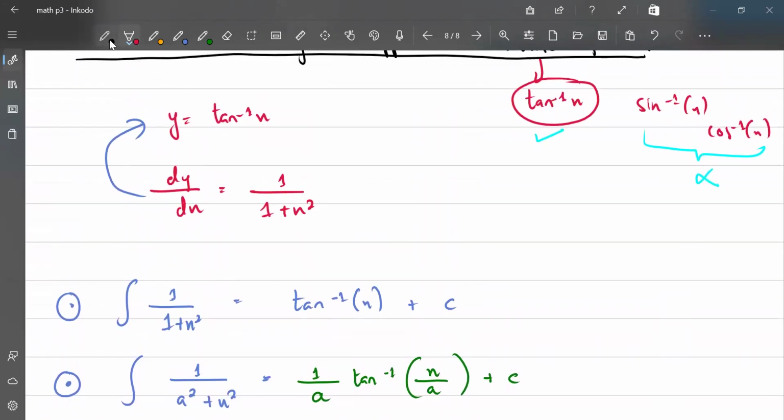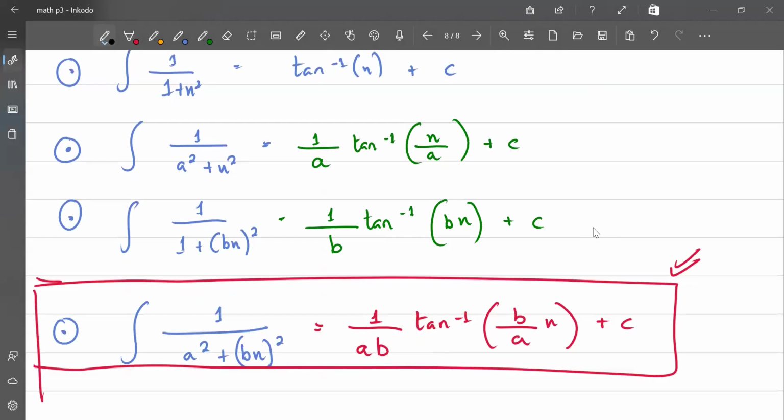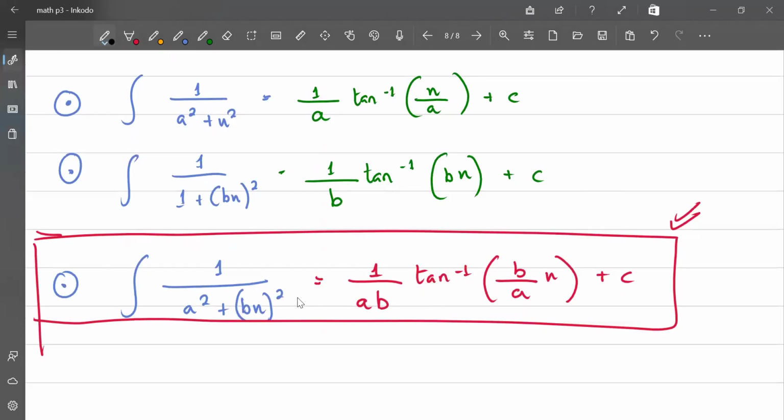We encountered this and we need to integrate this. So 1 upon AB, since A and B are both 1, it would be 1 in this case. 1 upon AB, tan inverse B upon A, still we have 1, 1 upon 1 x, plus C. So we just simply write it as tan inverse x plus C. This is something you should remember.